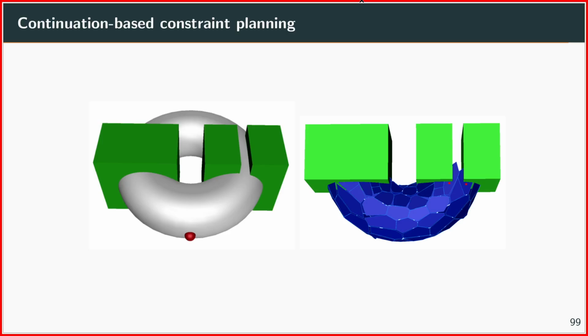Any questions? Yes? One major question: why don't we just sample on the constraint space and map that backwards? So of course, in this case, you could just sample here explicitly, but this whole approach was developed for cases where you can't do that.